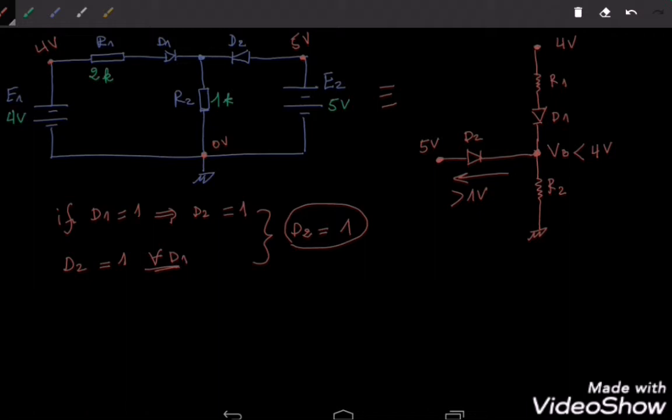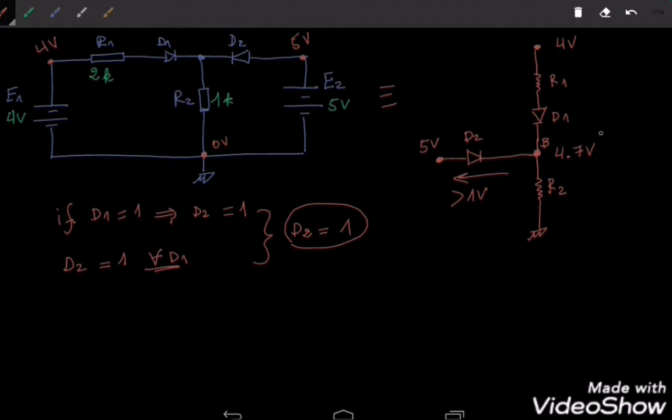Now what I don't know is whether D1 will conduct or not. So how can I determine if D1 is going to conduct? This is very simple. When D2 conducts, then the voltage in the point B will be equal to 4.7 volts, right?